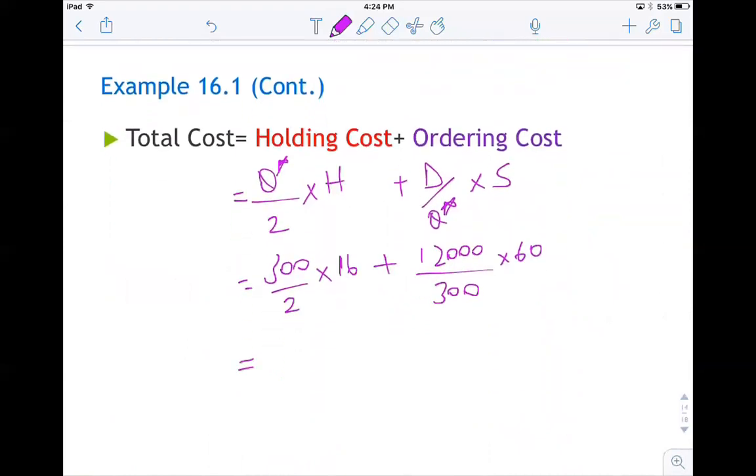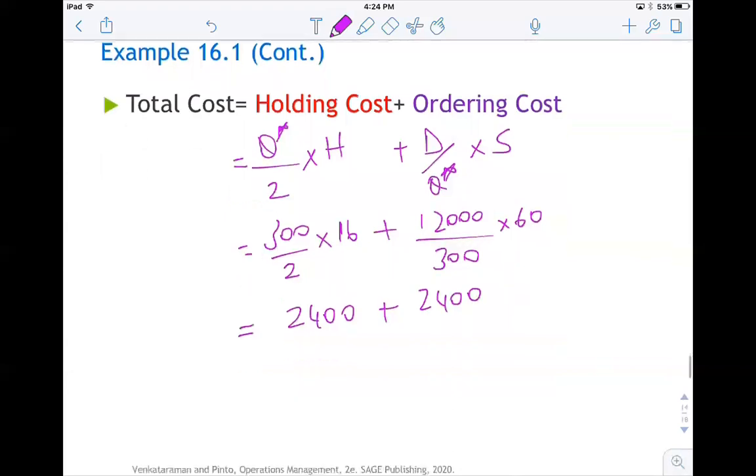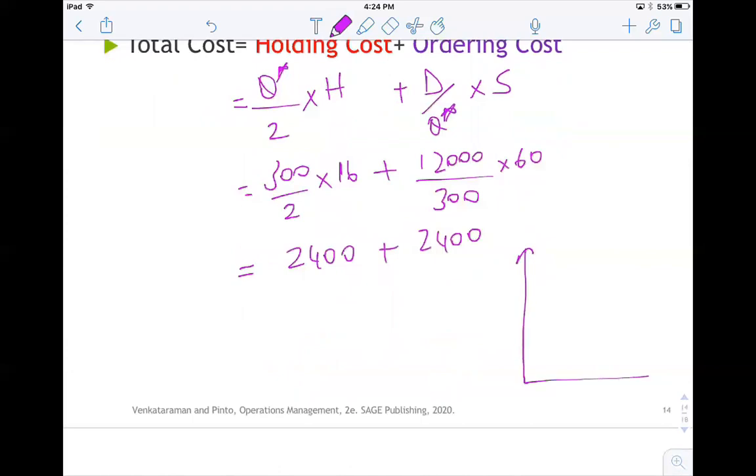You realize that here the holding cost comes out to be 2,400, and my ordering cost is identical to it. And this is not a coincidence. Remember our philosophy, the EOQ model, right? This is our holding cost, and this is our ordering cost, and the total cost is going to be right at the point where these two, holding and ordering costs, intersect.